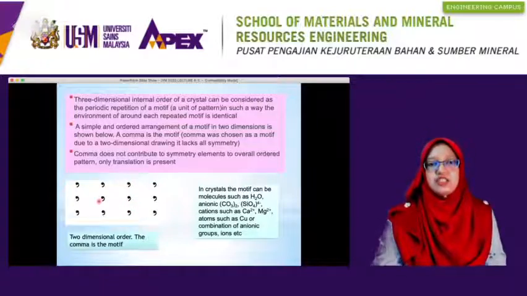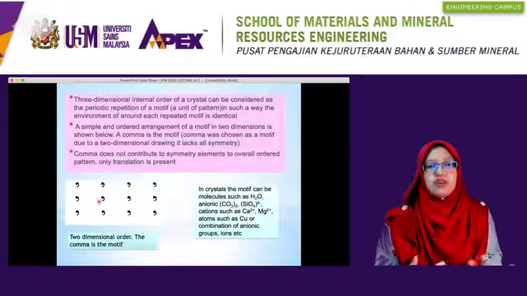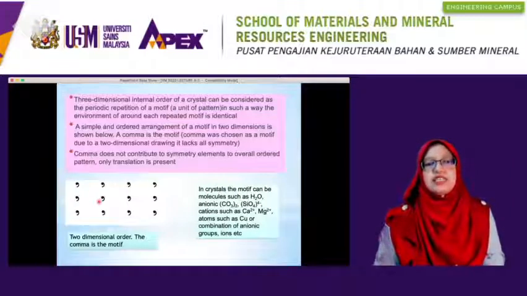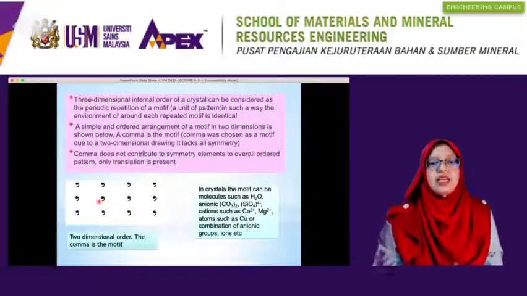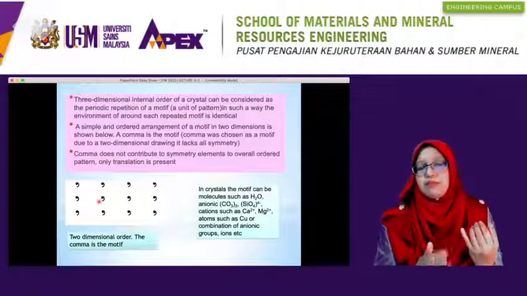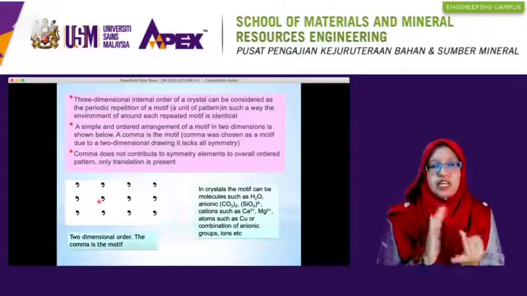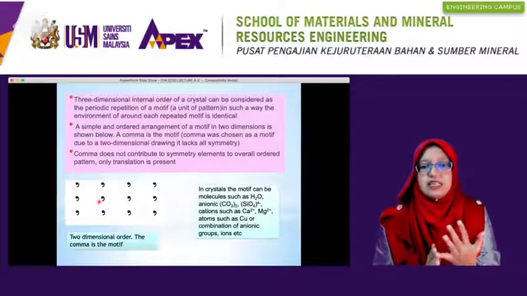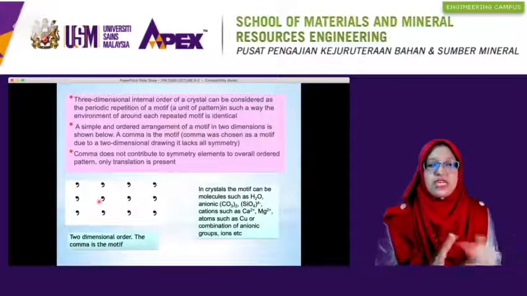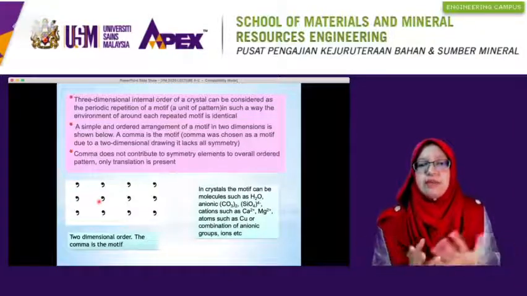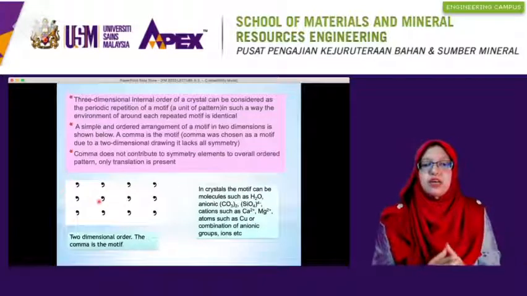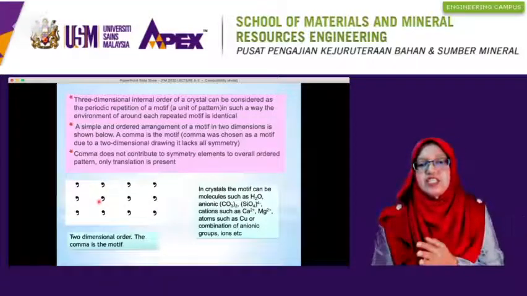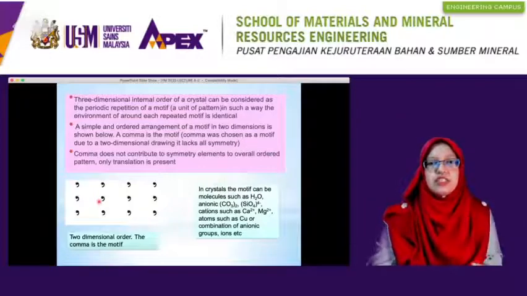Because the comma does not contribute to symmetry elements to the overall ordered pattern, only translation is present. In crystals, a motif can be molecules such as water, anionic groups such as carbonate or silicate, cations such as calcium or magnesium ions, or even atoms such as copper, or a combination of anionic groups or ions, etc.